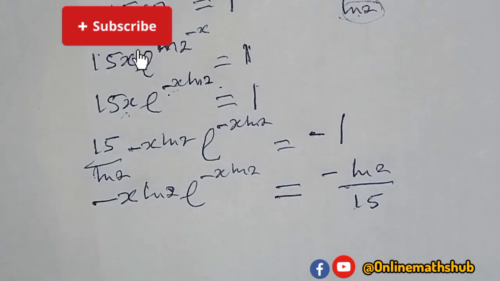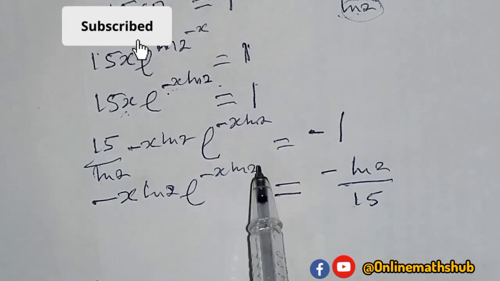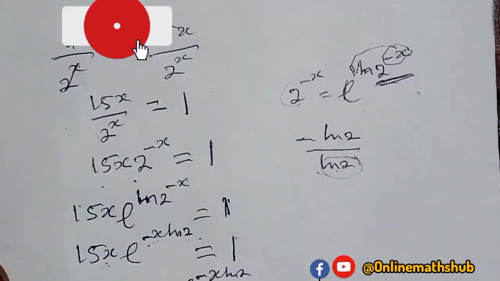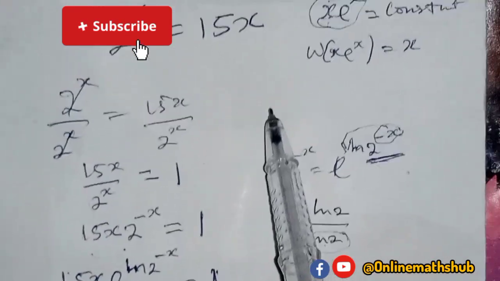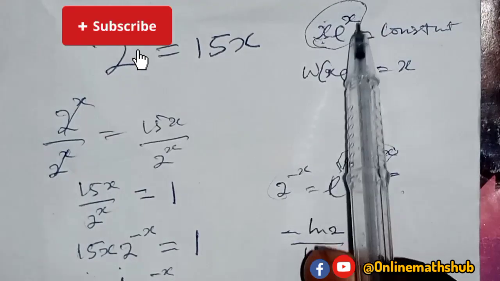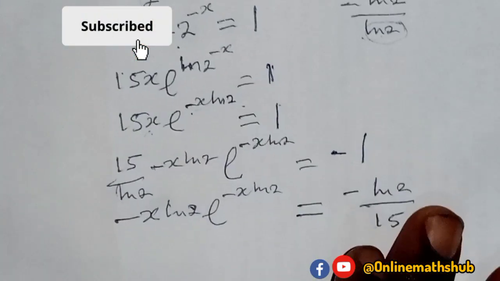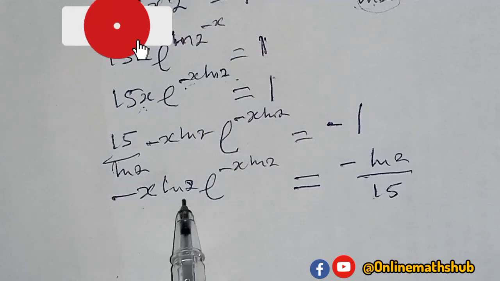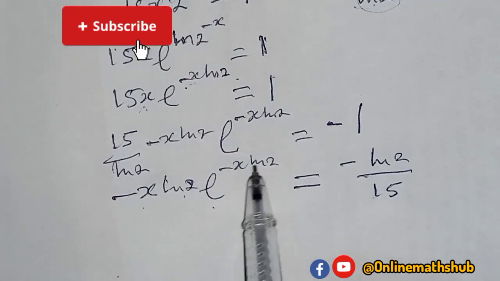Obviously you can see I have gotten a function that looks like this, that is x exponential x right here. I am having this function minus x ln 2 exponential minus x ln 2.